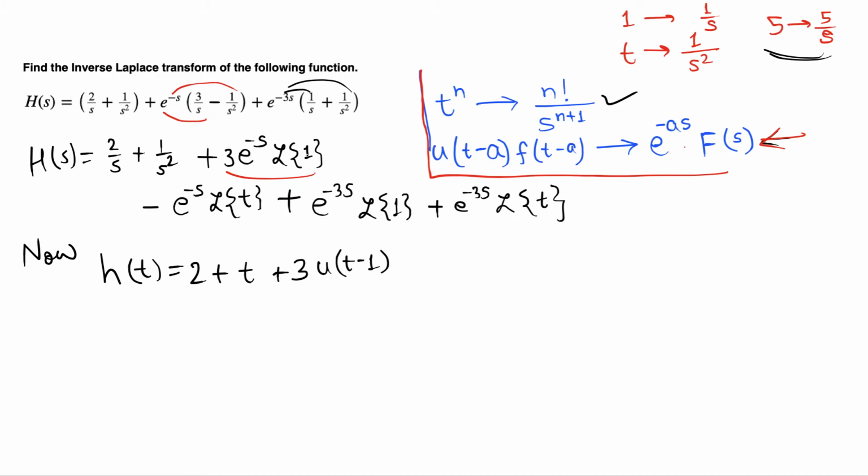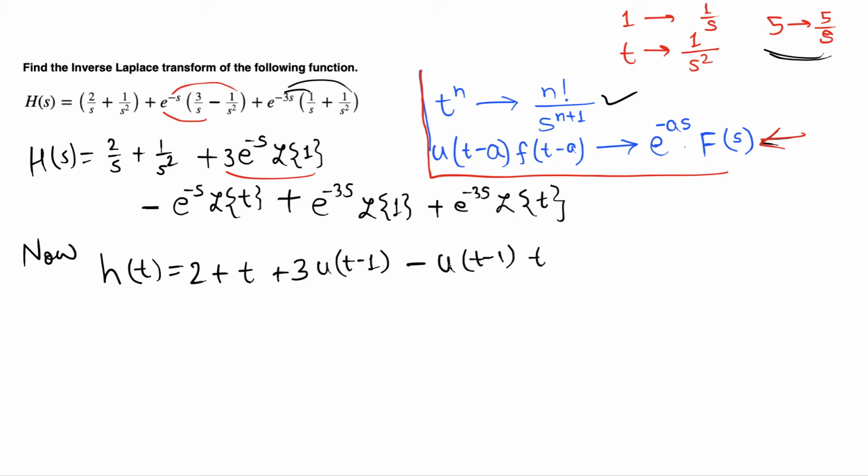If we had some function of s, that would become t minus a. Here s becomes t, and that's t minus a, but 1 is constant, so just times 1. No need to write anything here, times 1 not needed. Minus, here though, e to the negative s, when we take inverse Laplace, u(t minus 1), and 1 over s squared is t, but t becomes t minus a, so it's t minus 1.